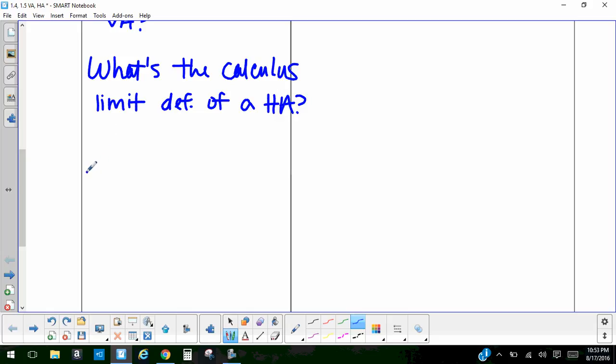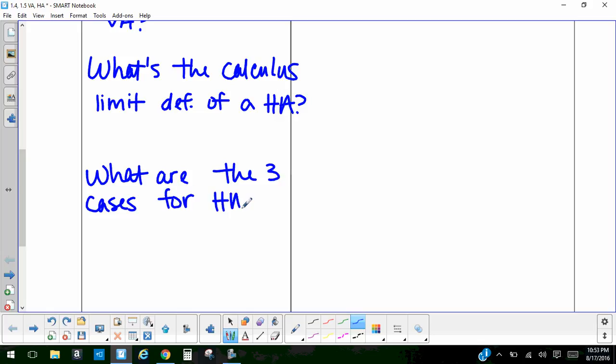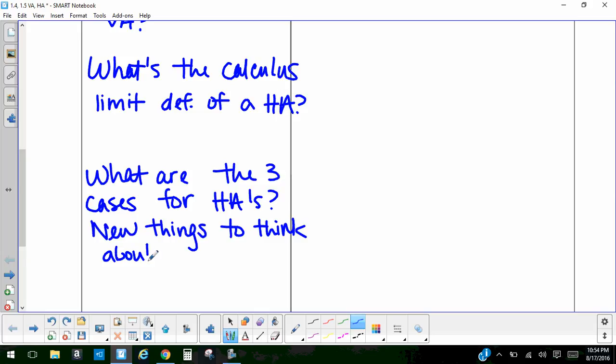Second one for today, what are the 3 cases for horizontal asymptotes? New things to think about that are different from math analysis.